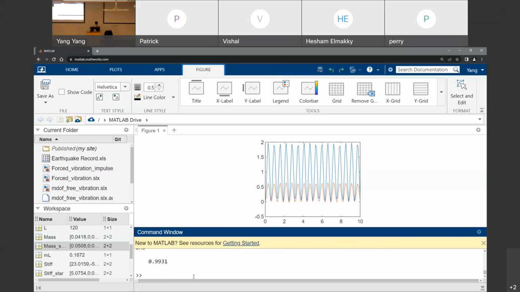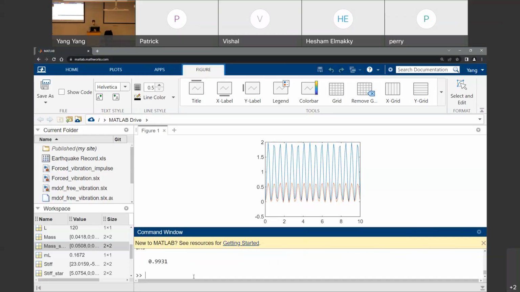So this is the example showing you how to use the procedure to calculate the responses of an MDOF system, and you should be able to use the same procedure for your project. The project is a 2 degree of freedom system.